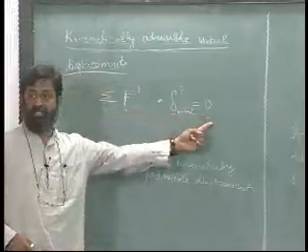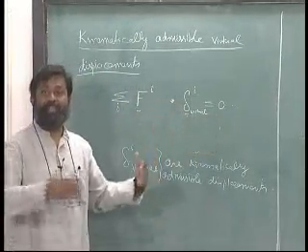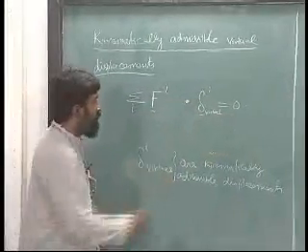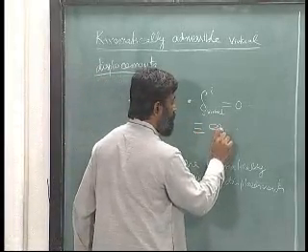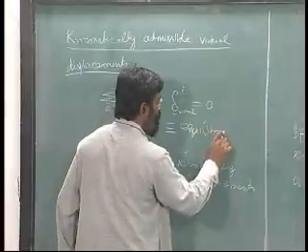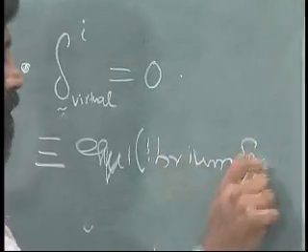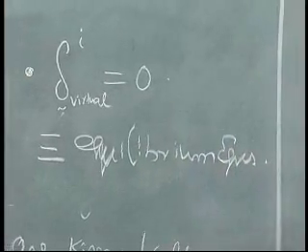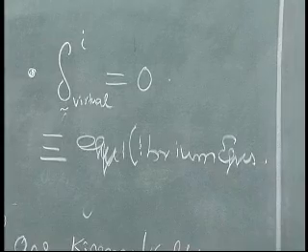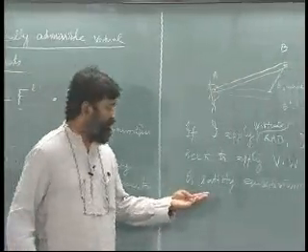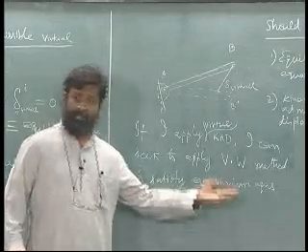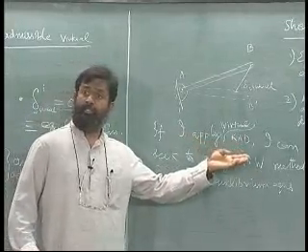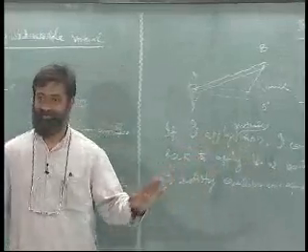If I satisfy this condition, I am satisfying equilibrium, or in other words, these are equivalent to equilibrium equations. This must be understood clearly. Now, one may ask this question: supposing I start with forces that are in equilibrium, can I seek to find out kinematically admissible displacements? The answer is yes.